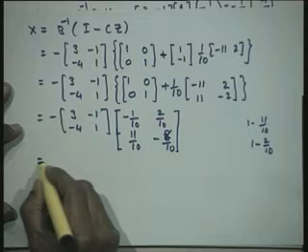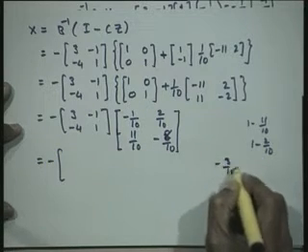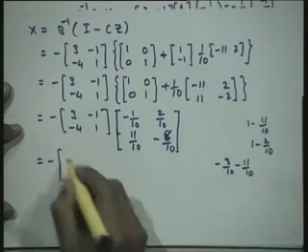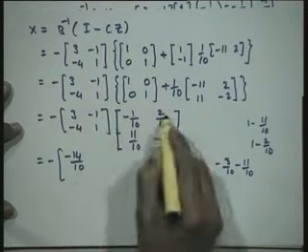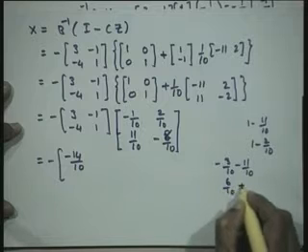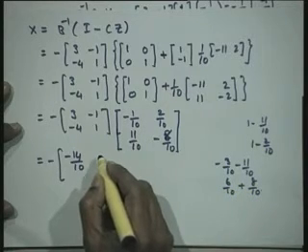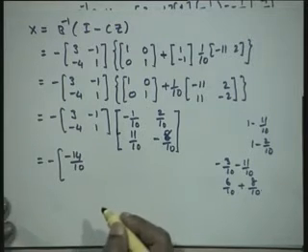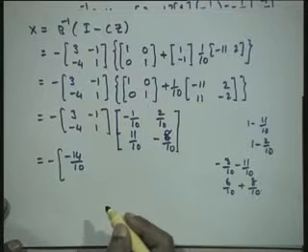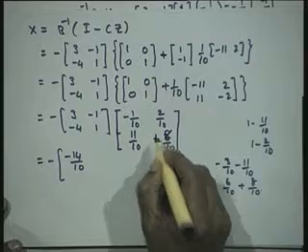Now, let us multiply it out, minus sign here, this is minus 3 by 10 minus 11 by 10. So, this is minus 14 by 10. Then we have 3 into 2, 6 by 10 plus 8 by 10. This is plus 8 by 10, that is what I was looking at.